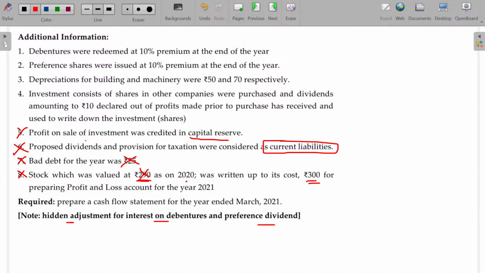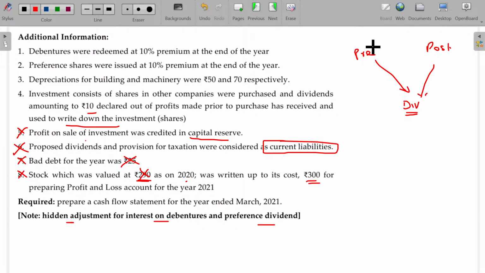Investment consisted of shares in another company purchased, and dividends amounting to ₹10 declared out of profits made prior to the purchase was received. This was written down from the investment. So you get the dividend from pre-acquisition profit or post-acquisition profit.